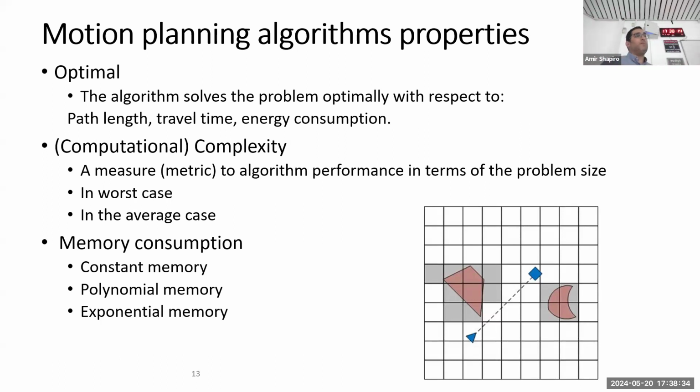It can also be exponential memory, exponential in the size of the problem. In this case, we can solve only small problems, problems that are not big, because the exponential would be very large. And usually we don't have so much memory.